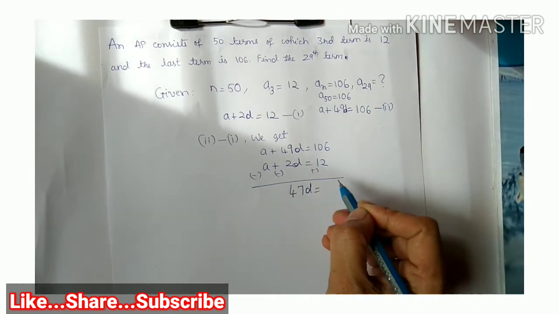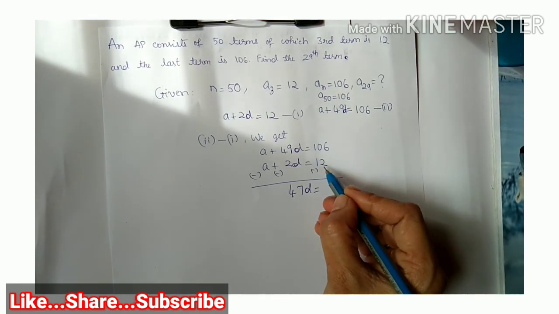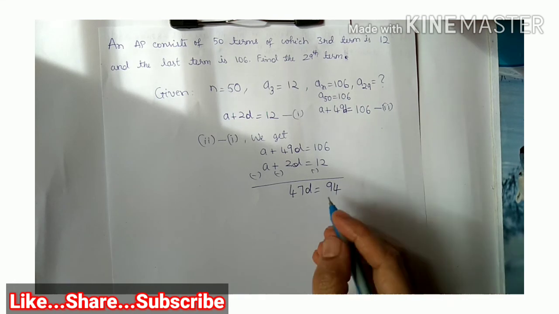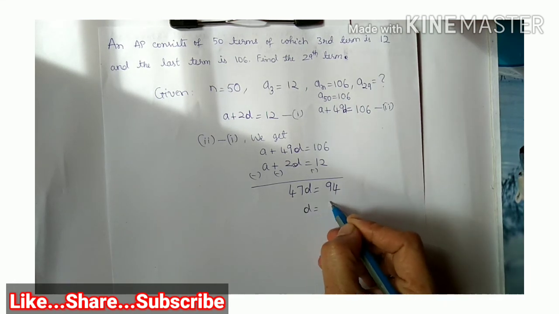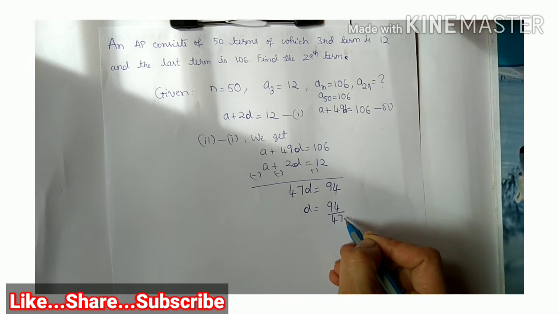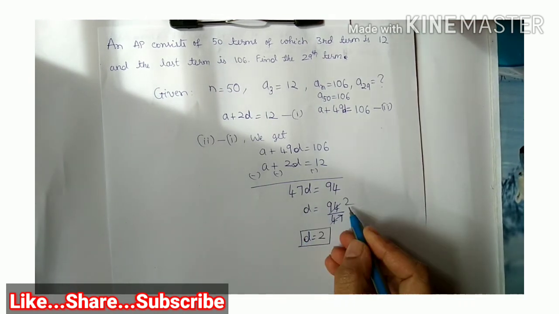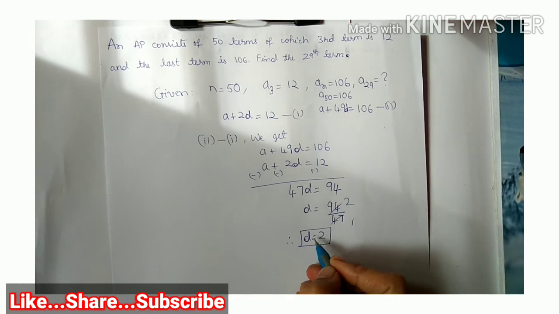We get 47d equals 106 minus 12, 94. d is equal to 94 by 47. 47 ones are 47, 47 twos are 94. d is equal to 2. Therefore the common difference is 2.